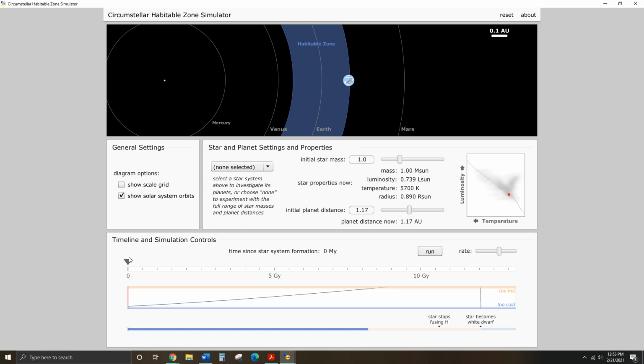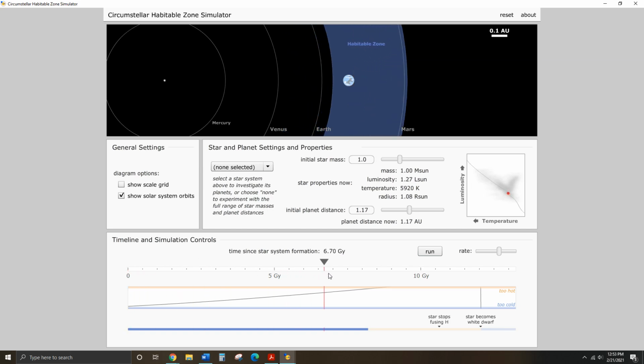And now let's see how long a planet could stay in the CHZ for a 1 solar mass star. Record your answer. Remember, this was in the CHZ from 0 million or billion years ago until now.